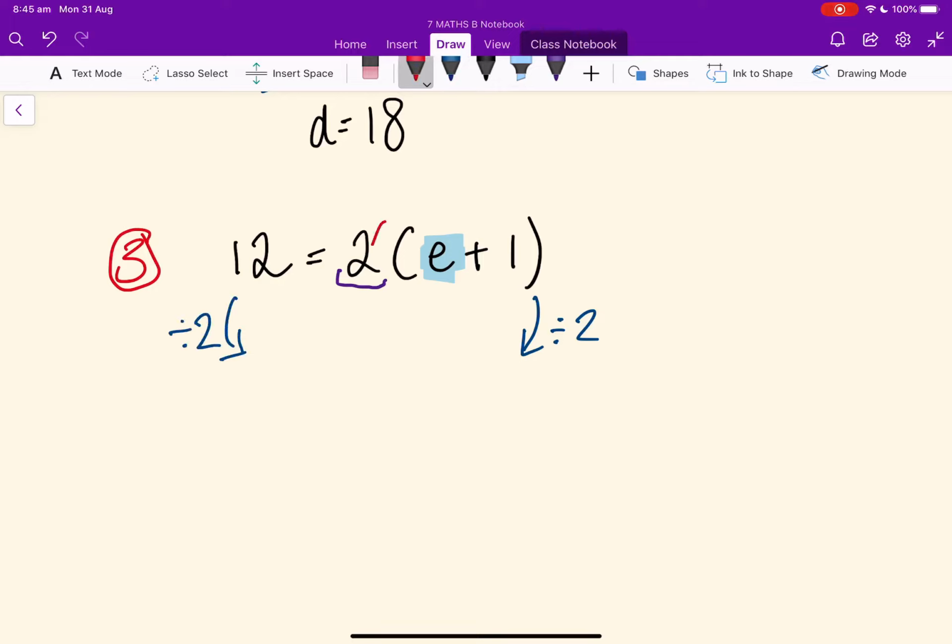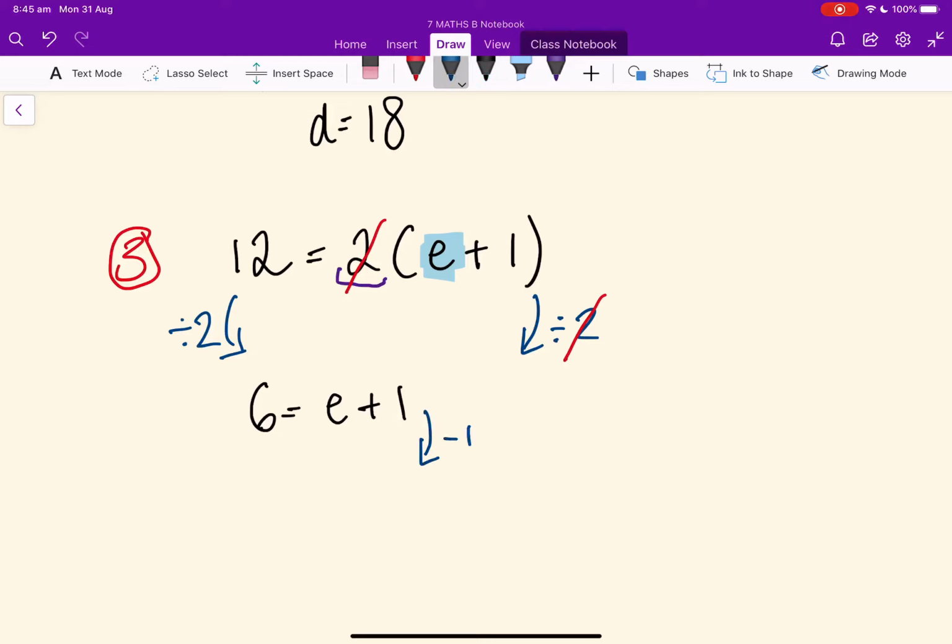I'm going to cross my 2 out on this side. 12 divided by 2 gives me 6. Then I've got e plus 1. Okay, I want to get rid of this 1 because that means my e will be by itself. So since it's being added, let's take it away and then we can cross it off from both sides.